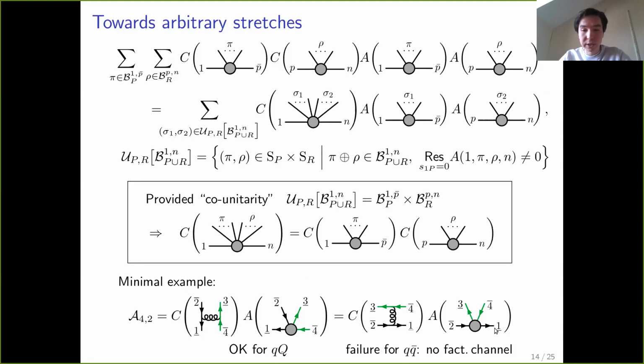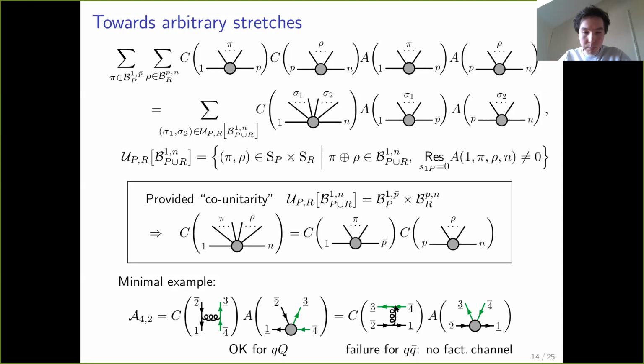Whereas if I consider it to be a 1/2 stretch, which is this flavor stretch that we considered before, I cannot really cut it between 3 and 4, because then I would be cutting through, and there's just no such intermediate particle P with the right quantum numbers.